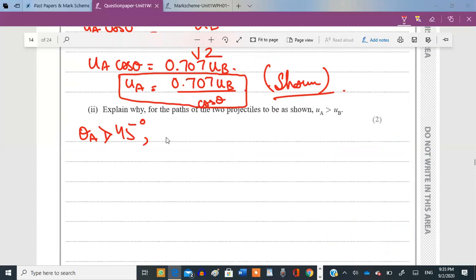The horizontal component of A will have a smaller value. The cos of that theta is going to be less than the cos of 45, less than 0.707, right?